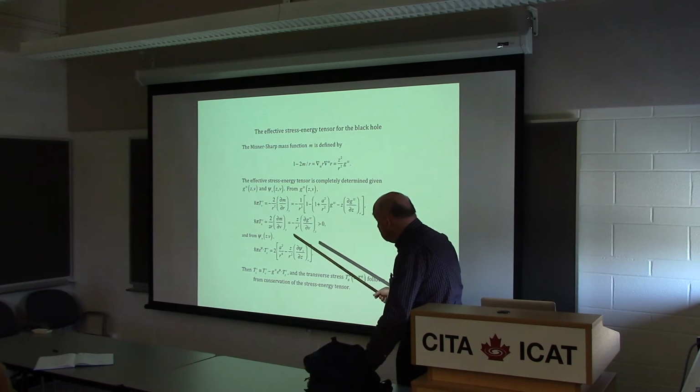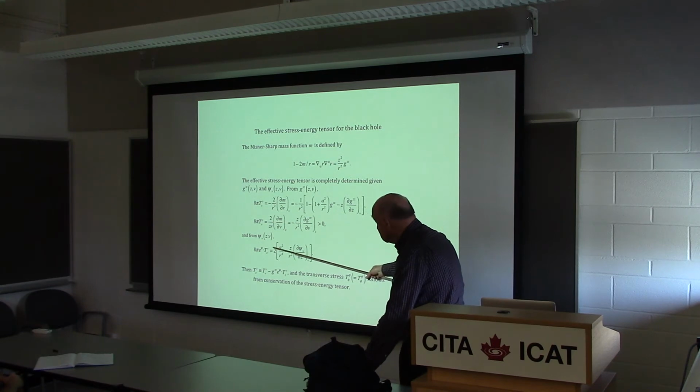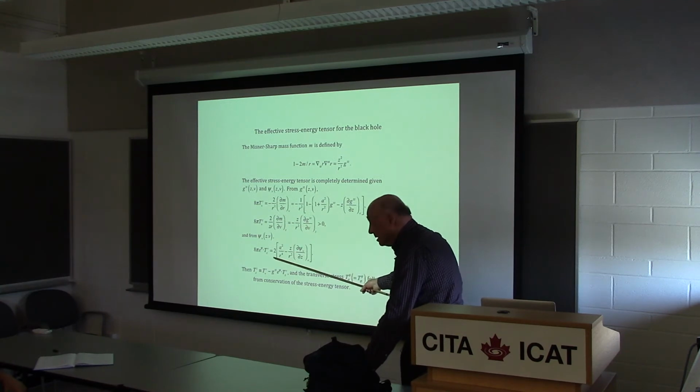Now, this psi sub v: there's another component of the effective energy-momentum tensor, T sub z super v, which is simply related to the derivative of this metric function psi sub v. Given these three components, you can get everything else, by spherical symmetry.